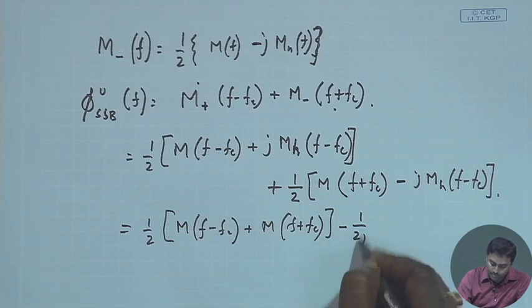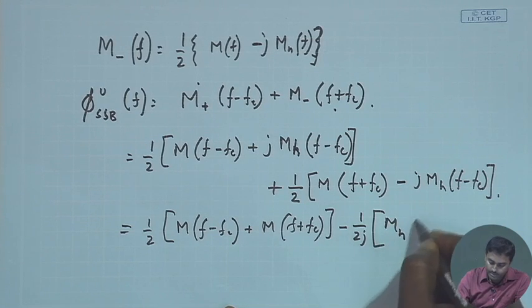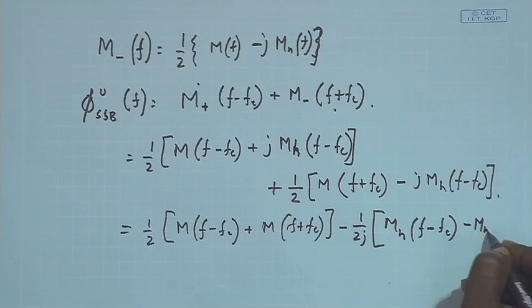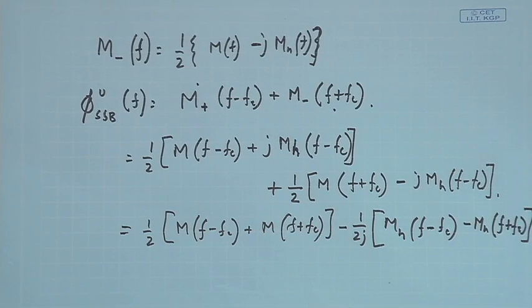So, 1 by 2j. So, immediately inside I will get M_h(f minus fc) minus M_h(f plus fc), I get this. Okay. So, this is just algebraic manipulation. What is this? This is the modulation of m(t) or M(f), I should say.